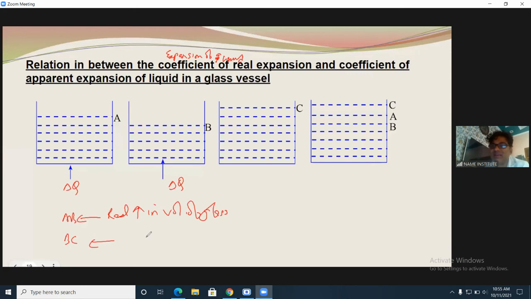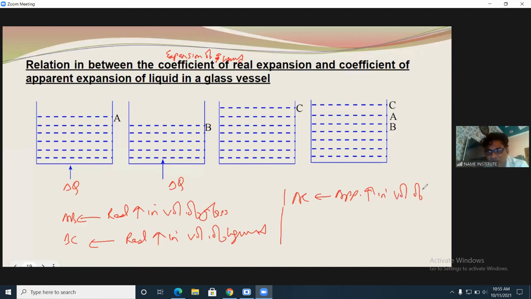It is the real increase in volume of liquid. So BC is the real increase in volume of liquid. And what about AC? It is the apparent increase in volume of liquid.